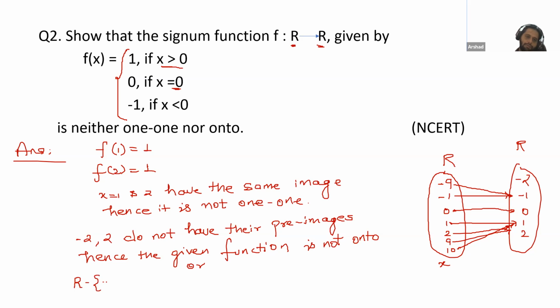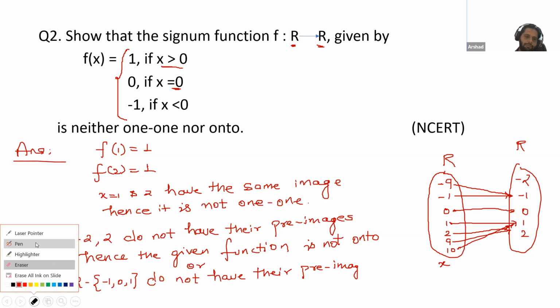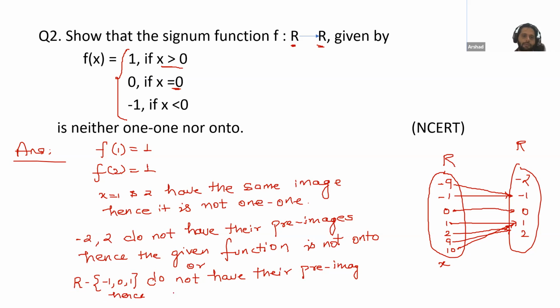Real numbers except -1, 0, 1 do not have their pre-image, hence the given function is not onto. If you can analyze this, then you can write the second statement also. So I hope this is clear to everyone. Please note this down and confirm, then we will start the next question.